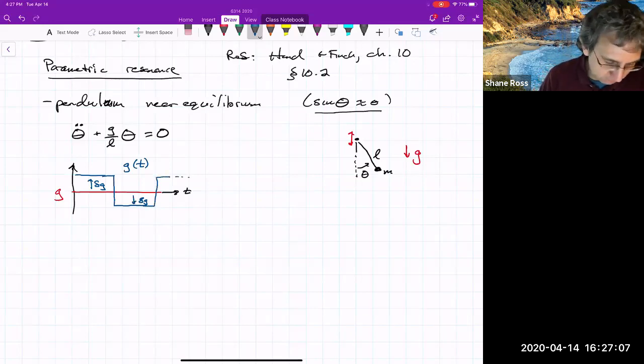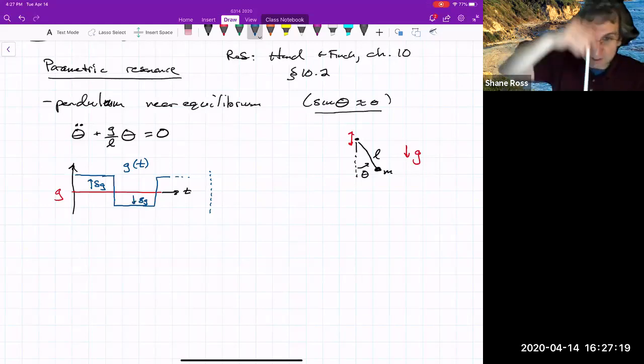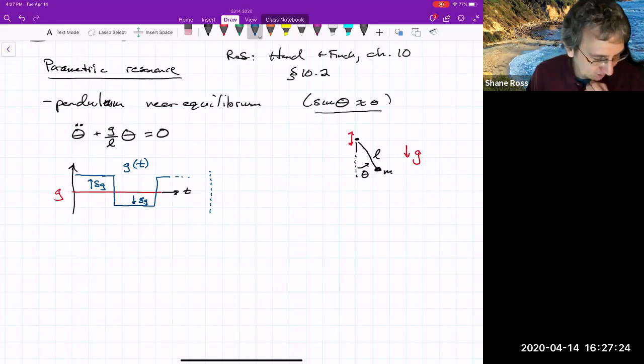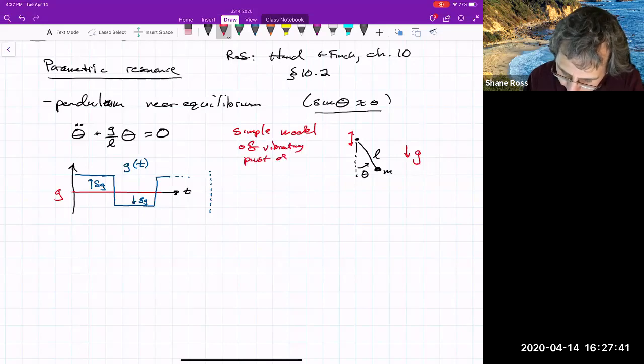So we'll have a certain period of the motion, or period of moving the pivot up and down. So it's like we've dropped, we go up, right? This is kind of unphysical to just instantaneously change things, but we could eventually smooth it out. So this is a simple model of vibrating the pivot of a pendulum.